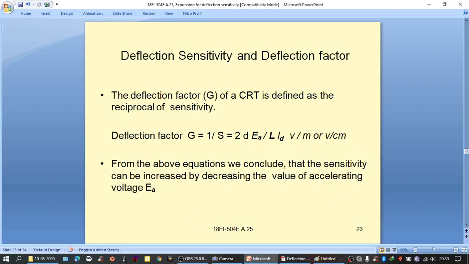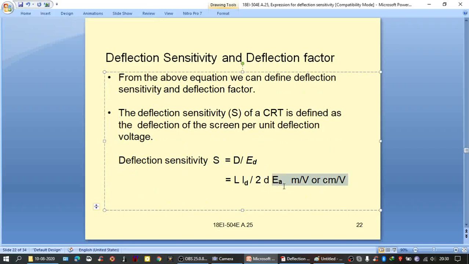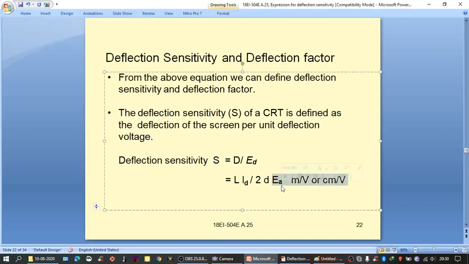So from the above equations, we conclude that the sensitivity can be increased or decreased by changing the value of accelerating voltage. The sensitivity can be increased by decreasing the accelerating voltage. Sensitivity can be decreased by increasing the accelerating voltage.